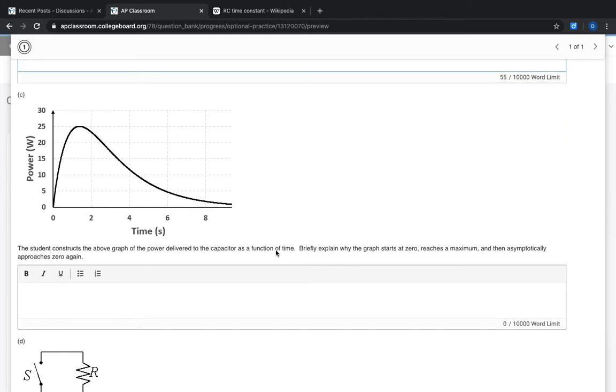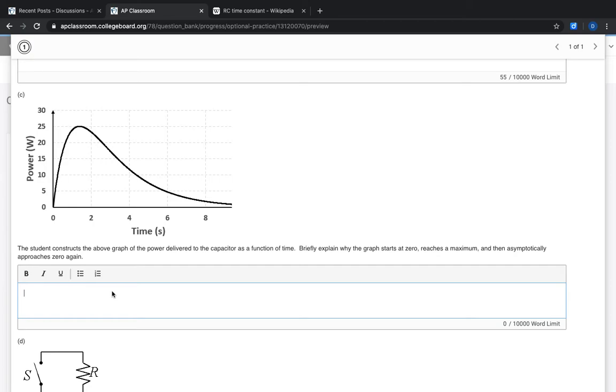So now the student constructs the graph above of the power delivered to the capacitor as a function of time. Briefly explain why the graph starts at 0, reaches a maximum, and then asymptotically approaches 0 again. So we usually don't talk about this, the amount of power delivered to the capacitor.